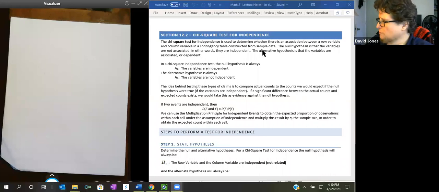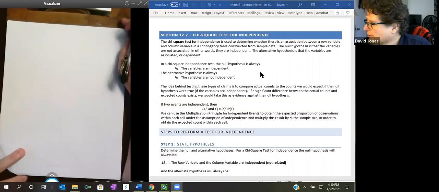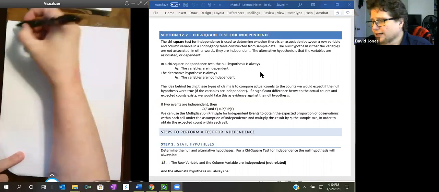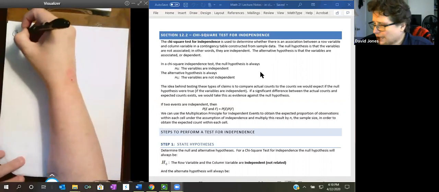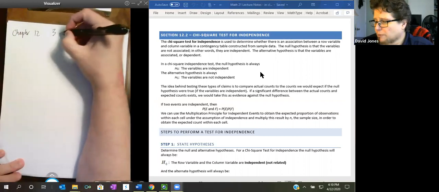And so we're getting near the end. We've got two lessons left in Math 21, Introduction to Statistics. We are near the end. We're working on Chapter 12, and Chapter 12 is on three-plus populations proportion tests.